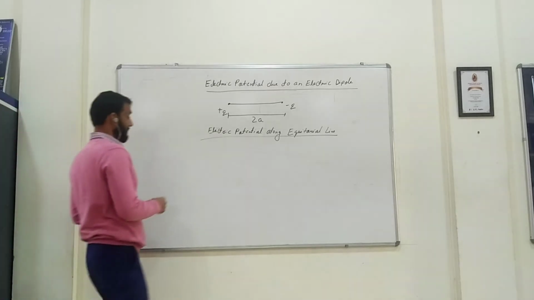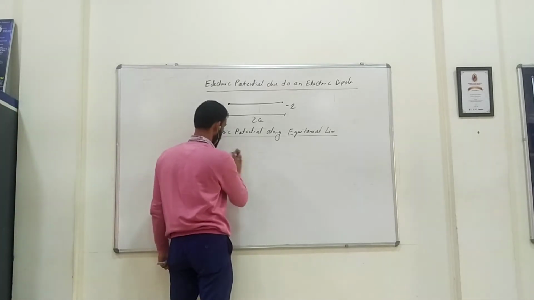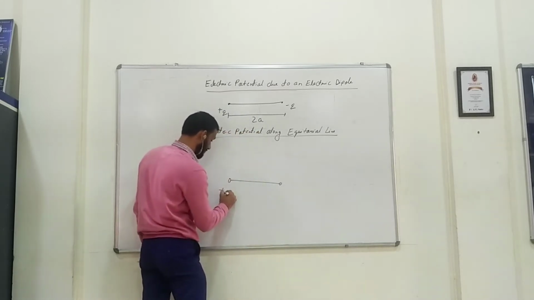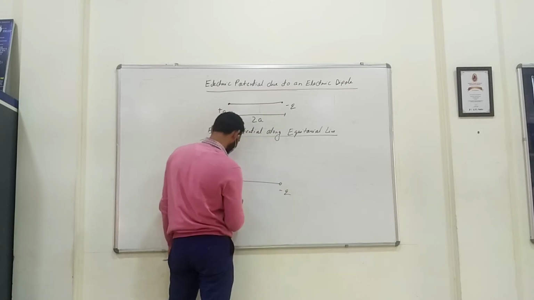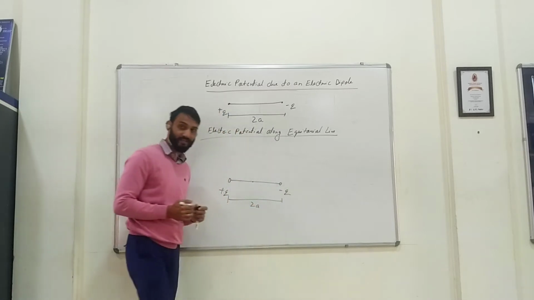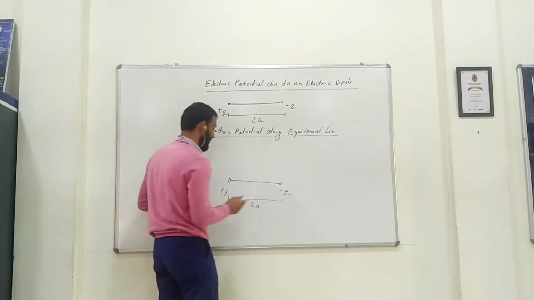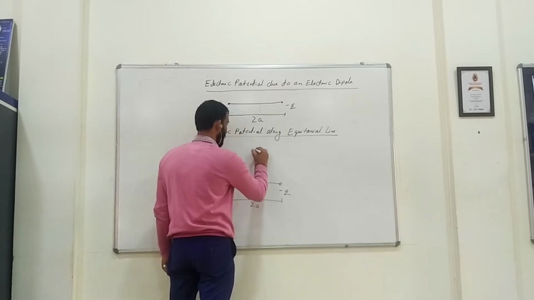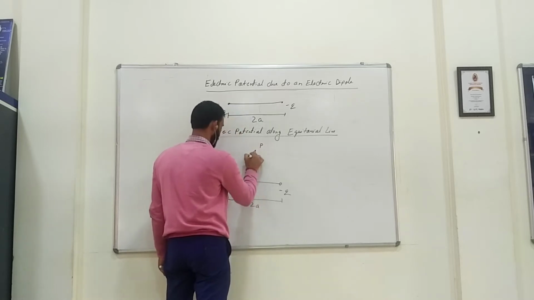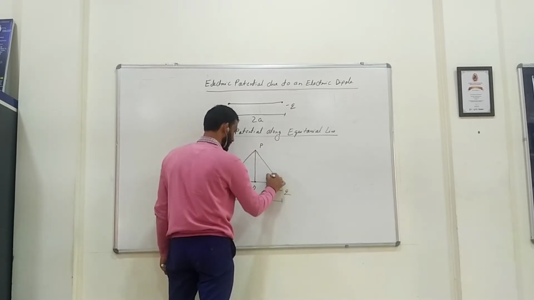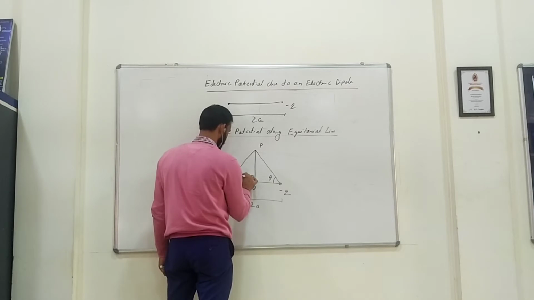So first let us draw the dipole. So we have a dipole there, plus Q, then minus Q, separated by a distance 2a. This is the center of the dipole. Now the equatorial point will be the point at a perpendicular distance here, and this we know will be theta and this will be theta.